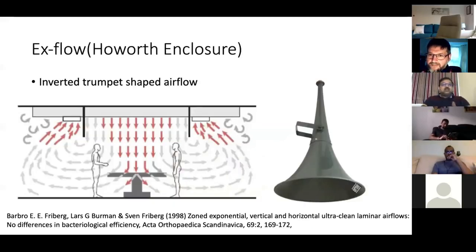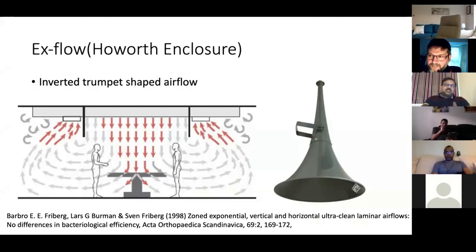The next was the X flow or the Haworth enclosure. Now, if everybody has seen a trumpet, the airflow is in the shape of an inverted trumpet. So essentially what it means is the air flows from the center and it is centrifugal in the flow. So the air doesn't flow towards the patient, but it's always flowing away from the patient.